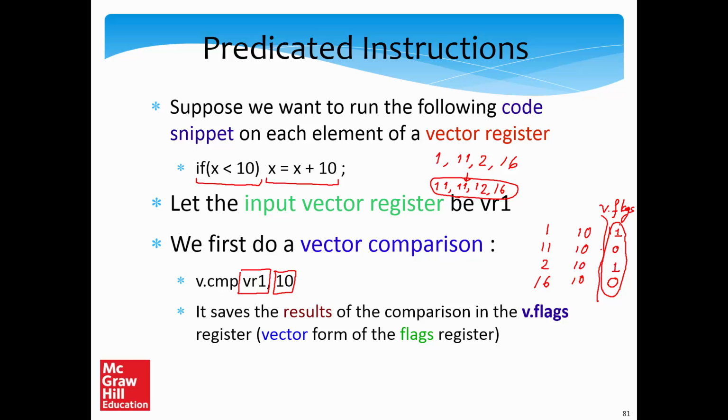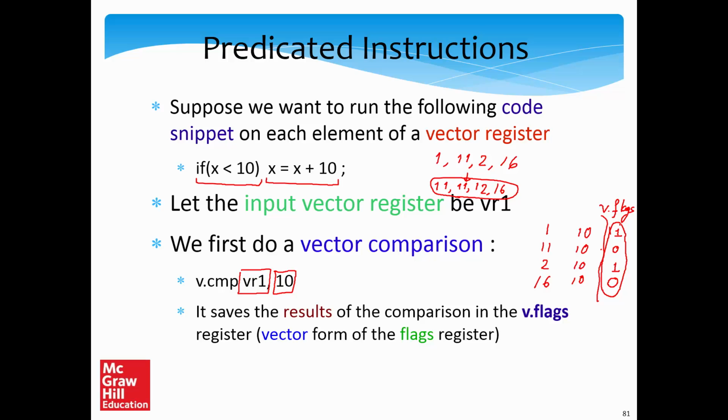In this case, we can have what we had in our pipeline, which basically means that we can have a flags.E field and a flags.GT field. There are many ways of creating a flags register.